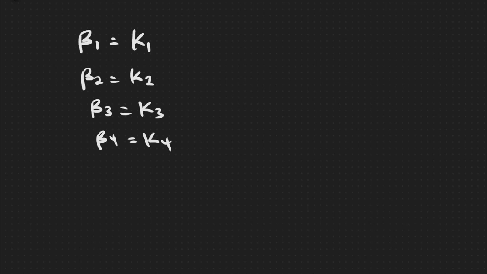Even if we continue getting them, it's going to be the same. So beta n is equal to Kn, and so on to infinity. So that's the relationship between the stepwise stability constant and the overall stability constant.